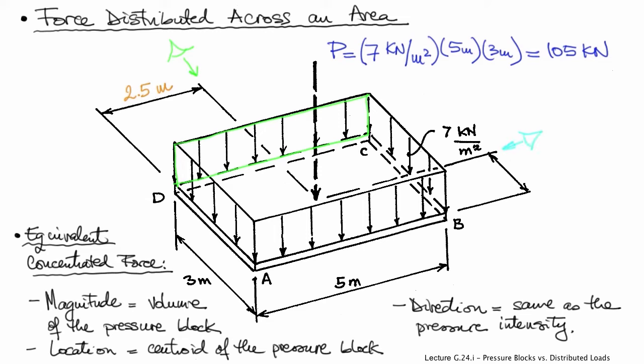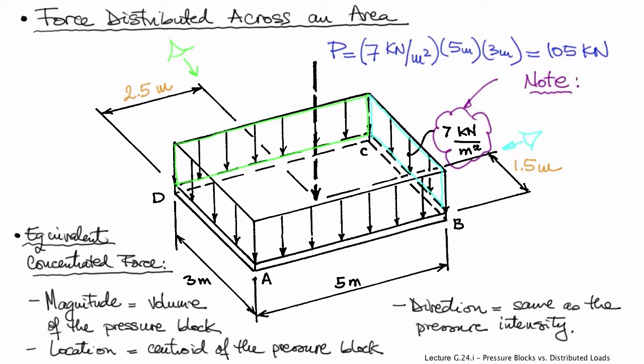So therefore, along CD, the force will be located midway between C and D, so 2.5 meters from D. And then we can do the same in the perpendicular direction, and we can see the other rectangular part of the load, so that the concentrated force will be located 1.5 meters away from B.